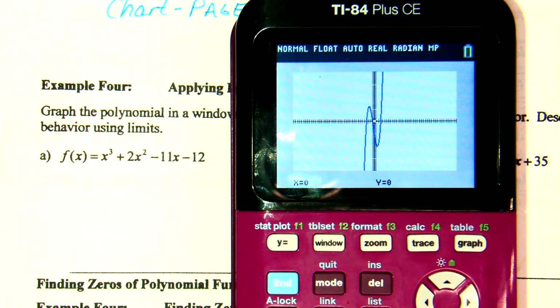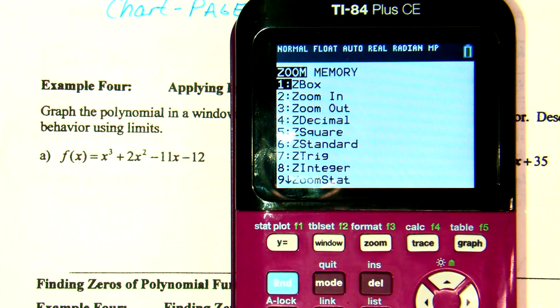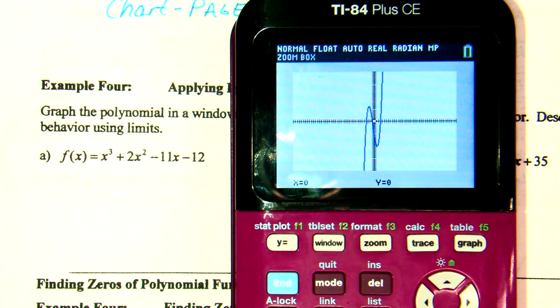Okay. Now, depending on what you want, if you're happy with this view, you're good to go. If you're not happy with this view, and you want a little bit more zoomed in view, but not zoomed in all the way, this is where I recommend ZBox. I've shown you guys how to use ZBox, I think. I like ZBox depending on the situation. ZBox is number 1, and what you do is you make a box around what you want to see on your graph.